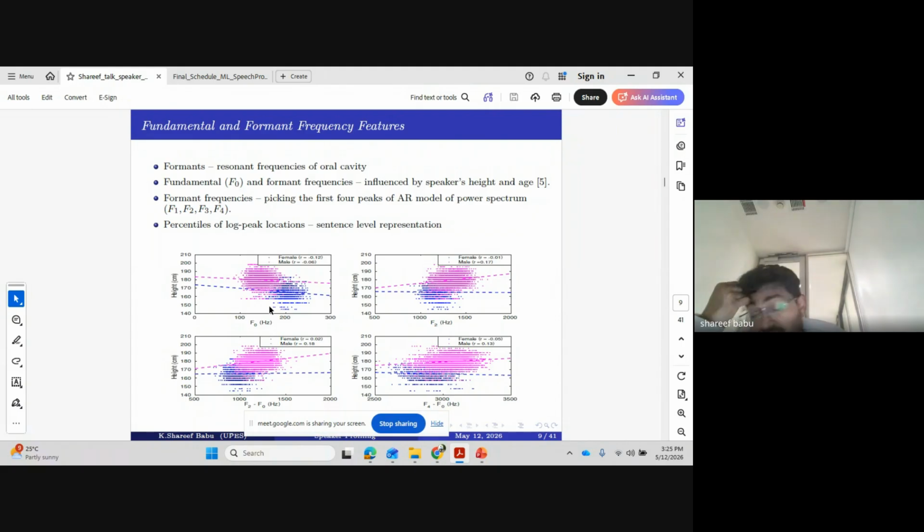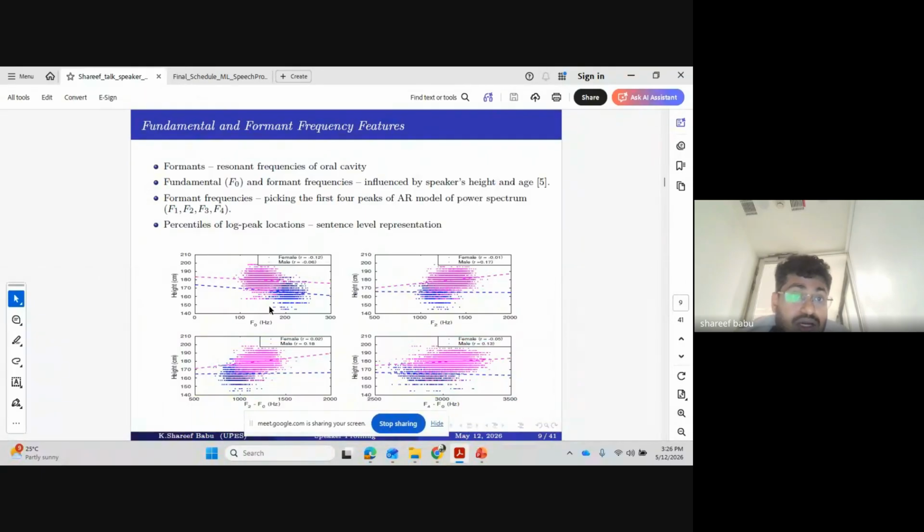We looked at these spectrums and the difference in fundamental frequencies, along with the other formant frequencies, and we could see that there is a correlation with height estimation for the formant frequencies and the fundamental frequencies as well.